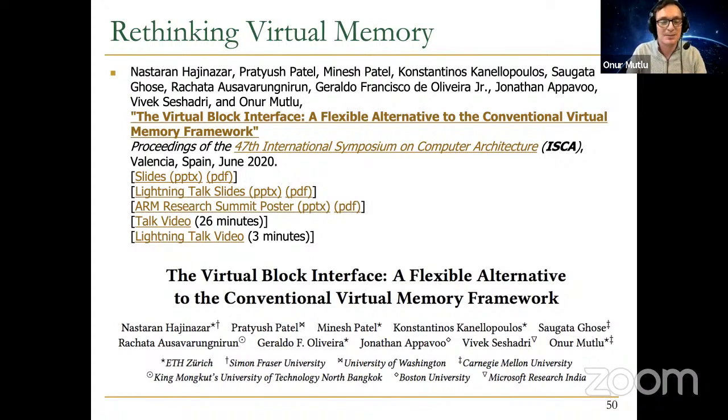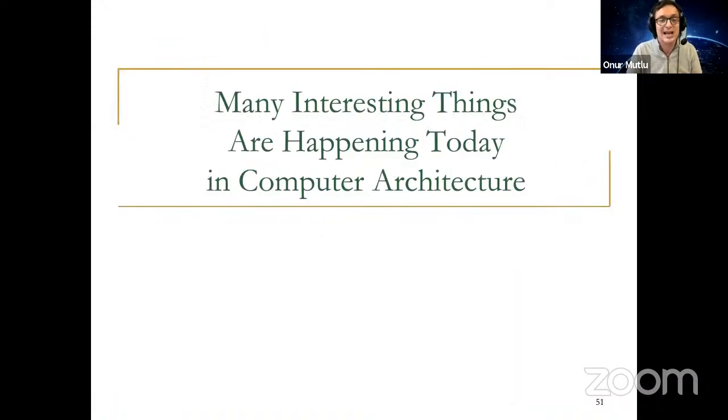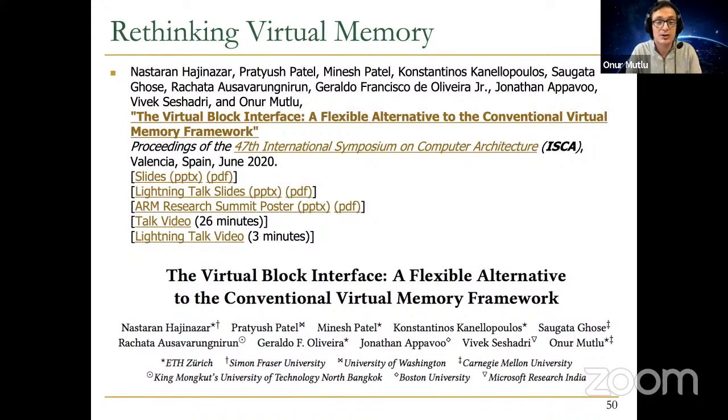Some of these papers will be on your reading list, but they're all examples of hardware-software co-design such that you can improve performance, efficiency and scalability at the same time.